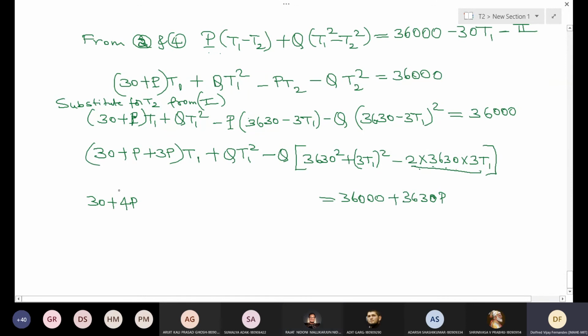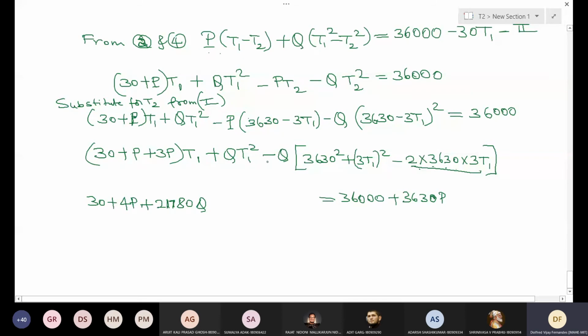21780. I want to combine T1 first. So this is 21,780.